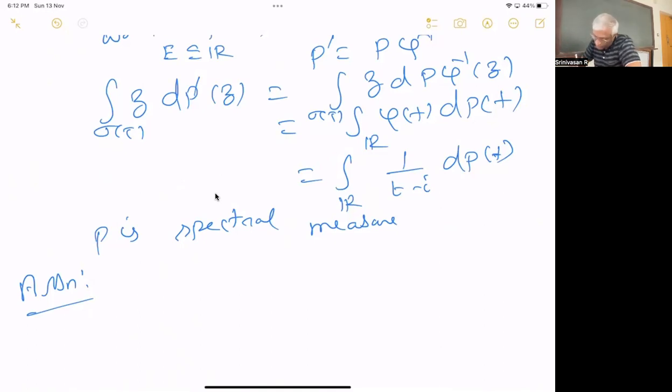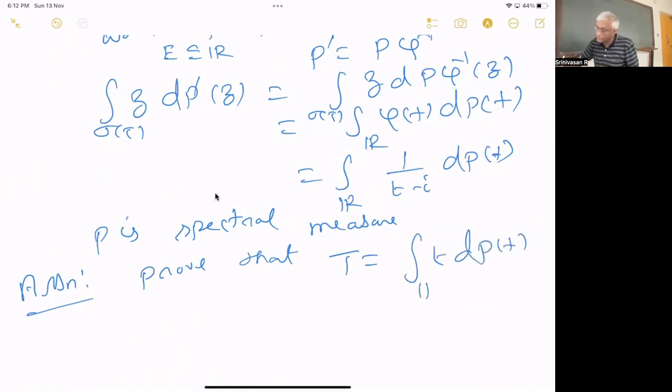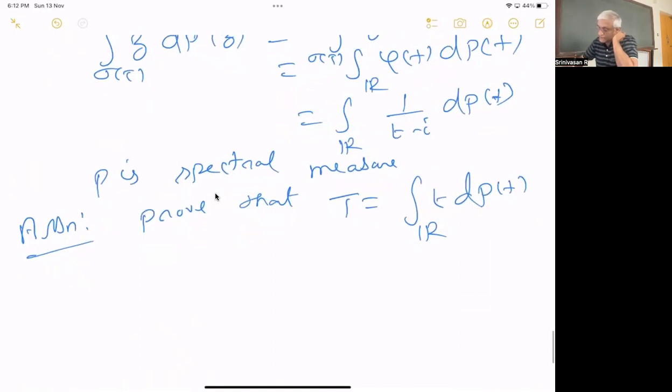Now prove that T is actually equal to the integral over R of t dP_t. To prove this, it will be more or less clear. You can prove that T minus I is equal to the integral of (t minus i) dP_t.